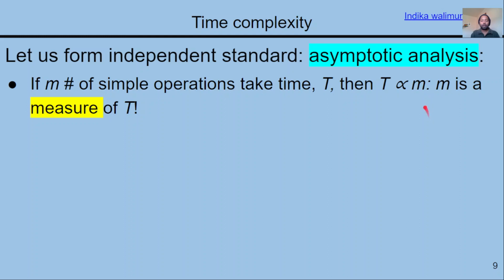So that means m is a measure of t. The number of simple operations is a measure of t. The reason is one simple operation takes a constant amount of time. So t is proportional, this is the proportionality symbol, to m.